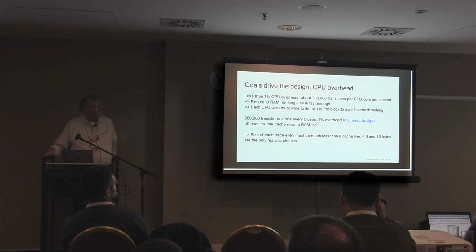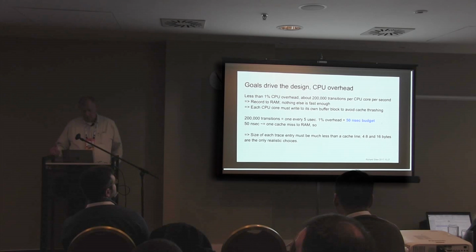And the design is driven entirely by the performance goal of the tracing mechanism. So less than 1% overhead for 200,000 transitions per second means there's a transition every 5 nanoseconds per core. So per core, my budget is 50 nanoseconds to record what happened. That's about the length of a cache miss in main memory.